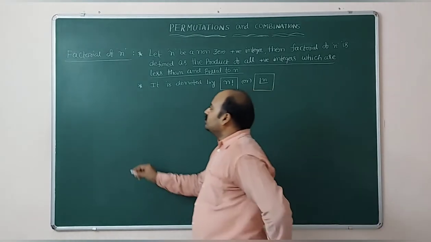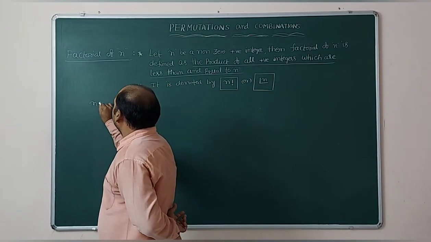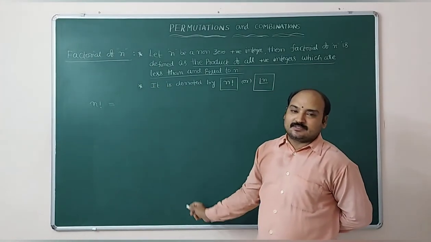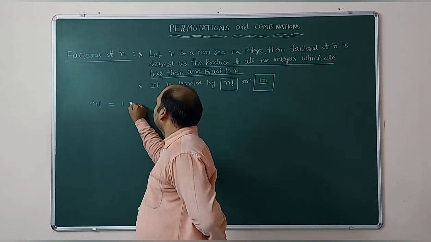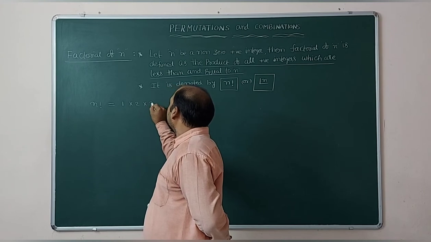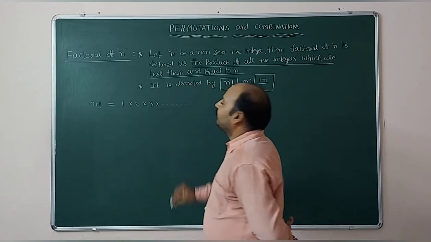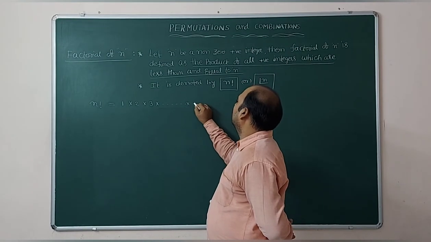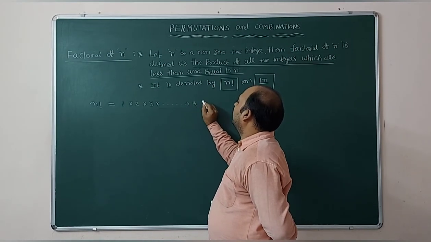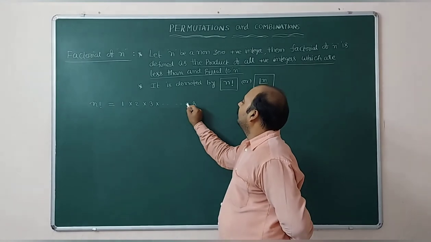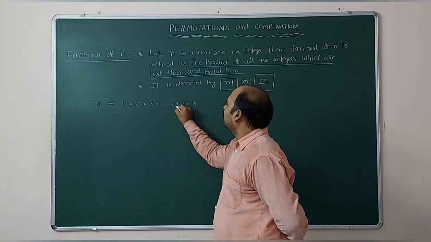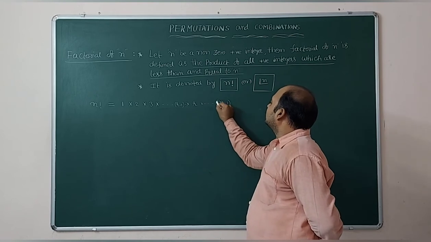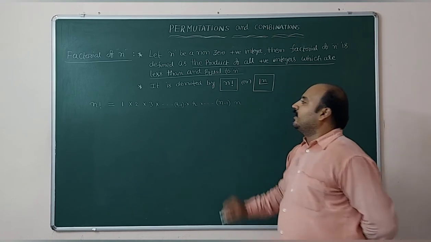Suppose n factorial, the product of n things. So 1 into 2 into 3 into and so on. Before r things are there, before r minus 1 things are there, and so on, n minus 1 things are there, and last n.